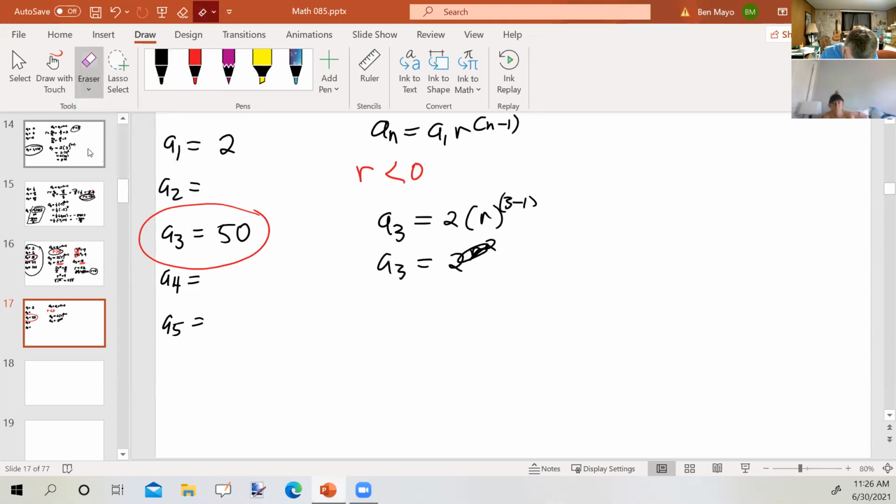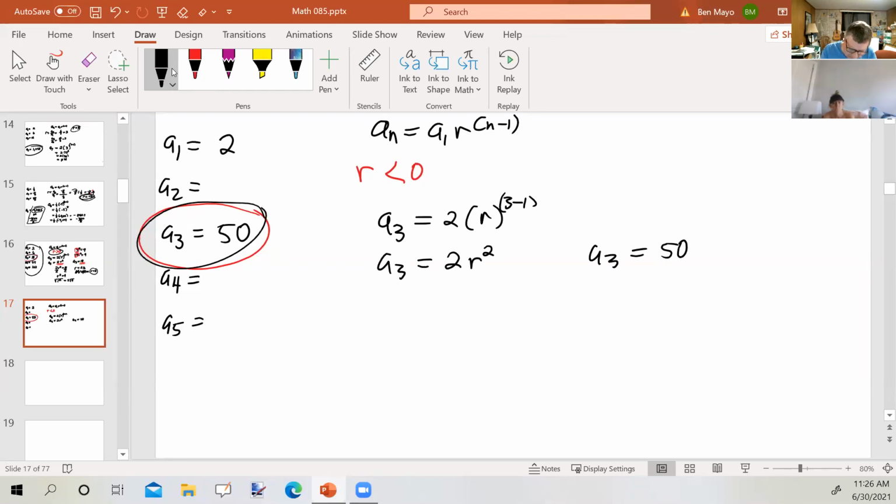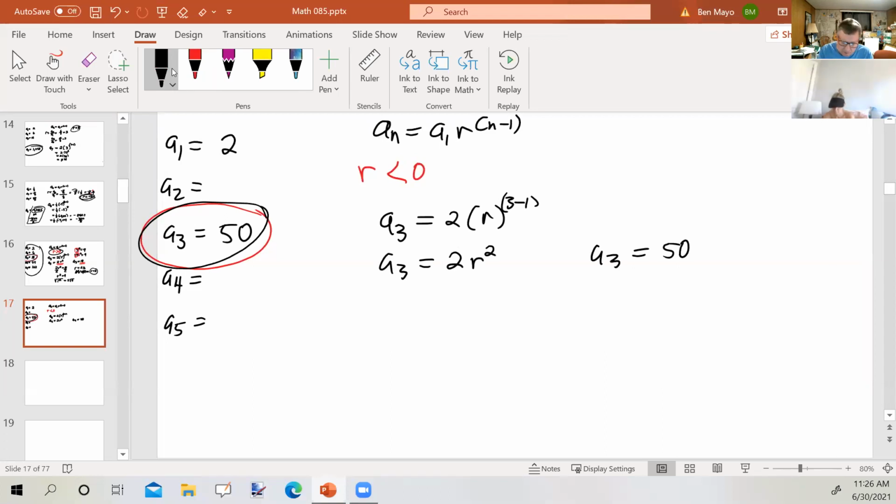Come on, eraser. 2r squared. But a sub 3 also equals 50. We were given that information. So a sub 3 equals this, a sub 3 equals that. So this equals that. Okay.